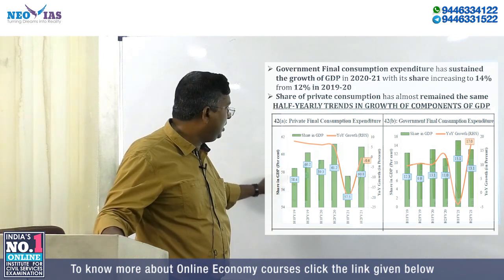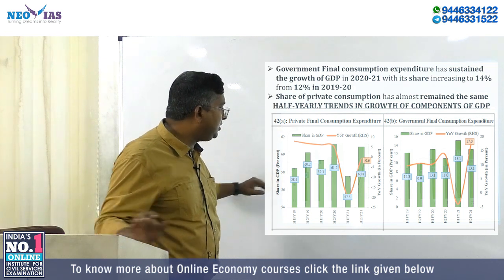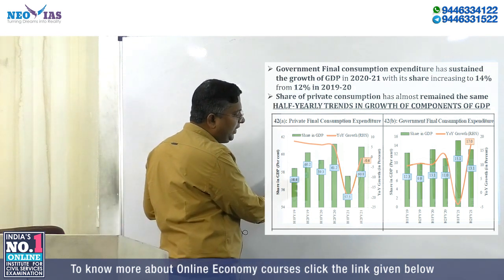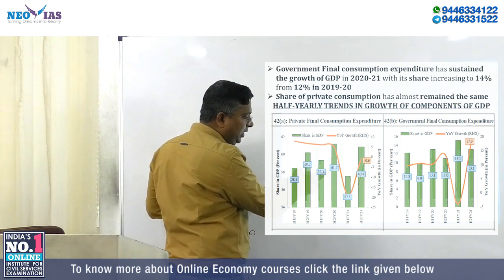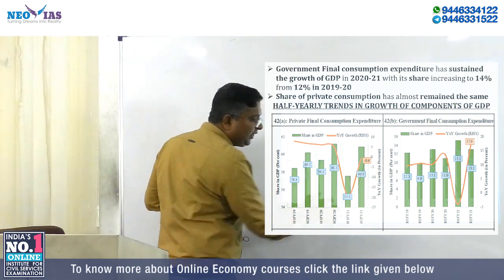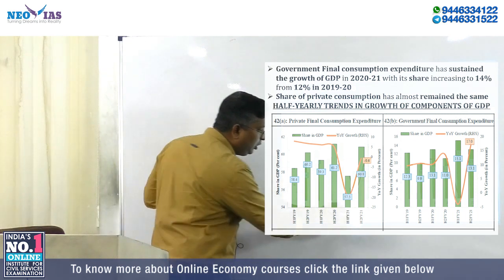Private final consumption expenditure has moved from 58.4 to 60.2, then 59.3, then 61.2. See the first half. This is what you have to note down.